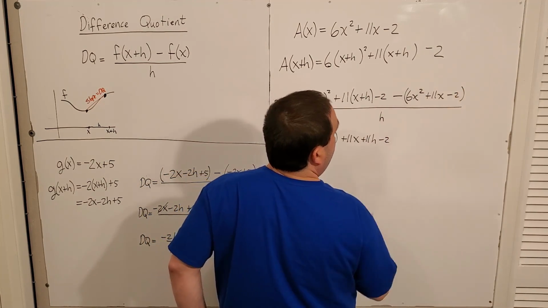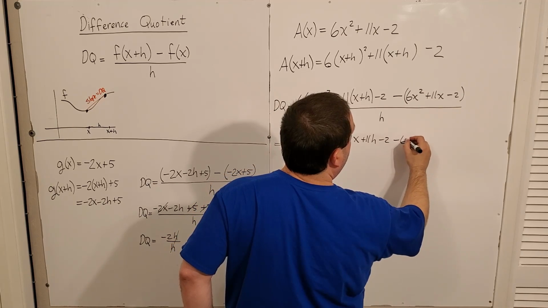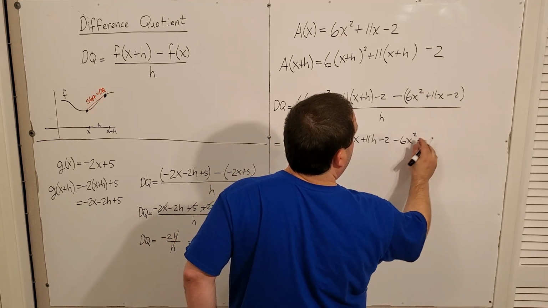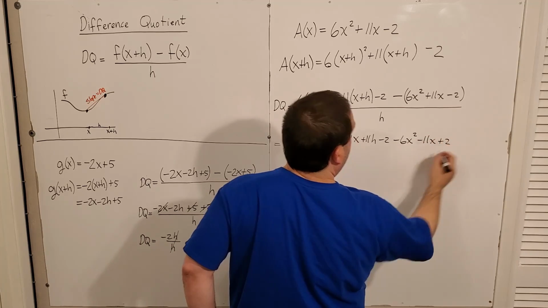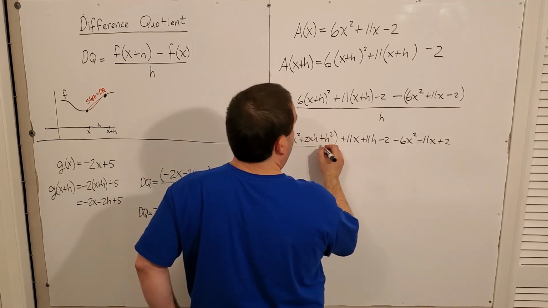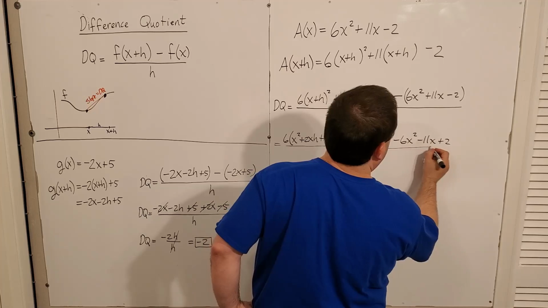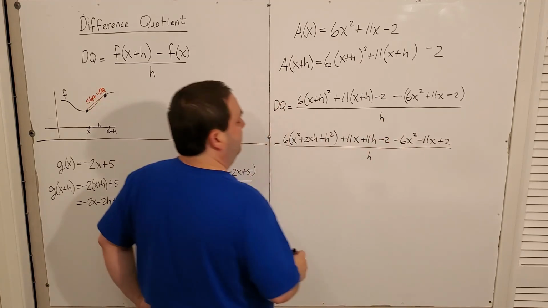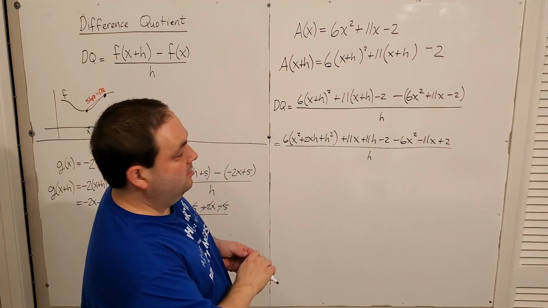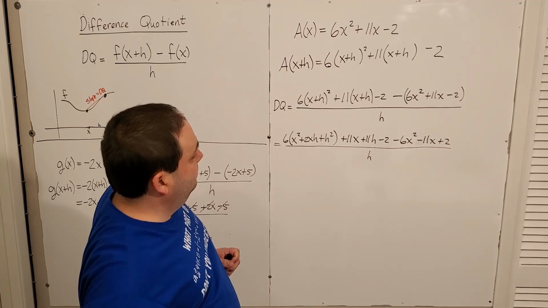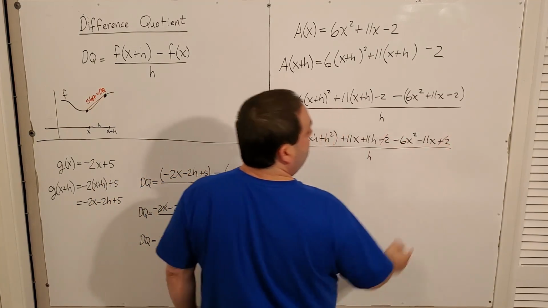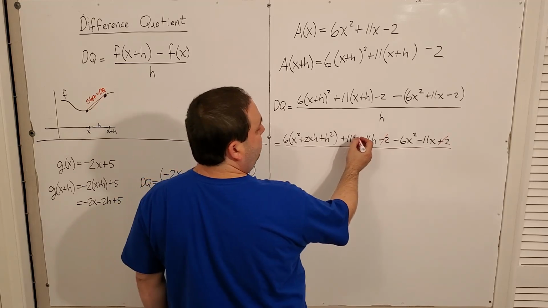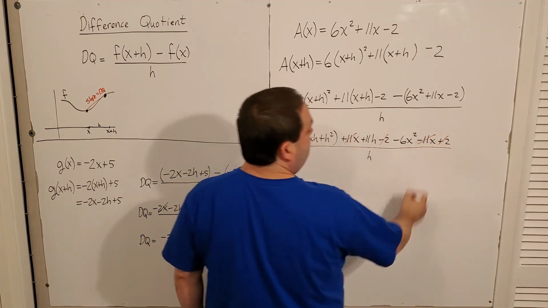And here I'll distribute my negative. Okay. Now you may already notice some eliminations here, right? The minus 2 and the plus 2, and also the plus 11x and the minus 11x.